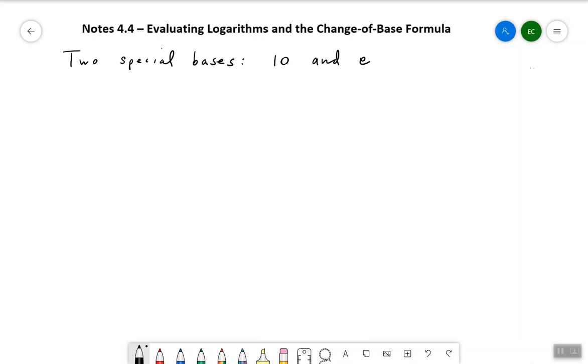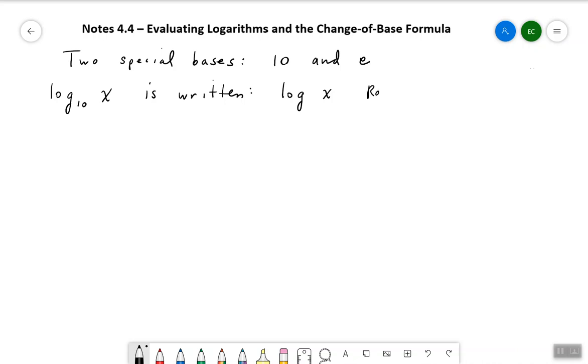And so if we have the log base 10 of some number, then we don't even write the 10, we just write the log of x. And when there's no number written there for the base, then base 10 is assumed.